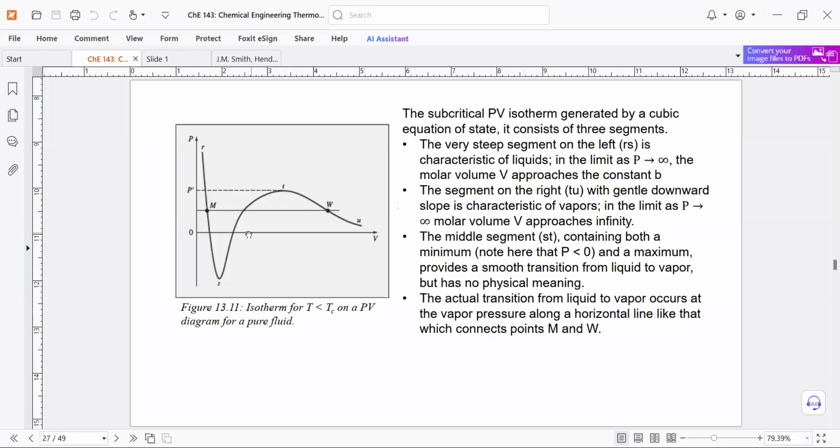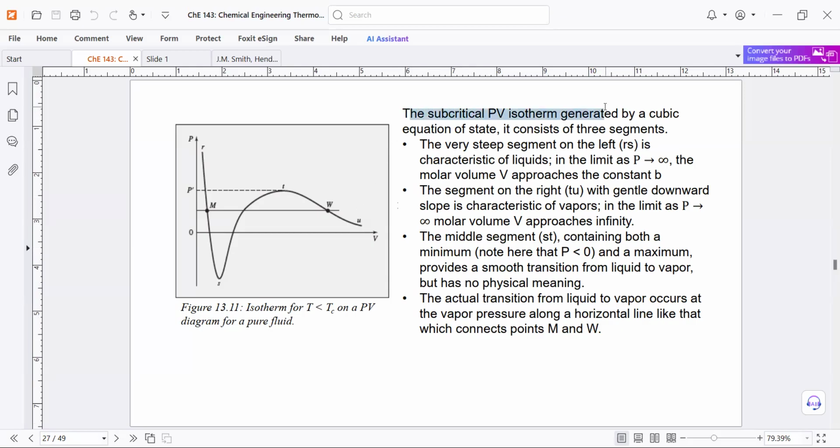Now let's review this isotherm. This is an isotherm. Pressure is on the y-axis, volume is on the x-axis, and this is for one temperature. That's why it's an isotherm. So it relates the pressure and volume for a single temperature.